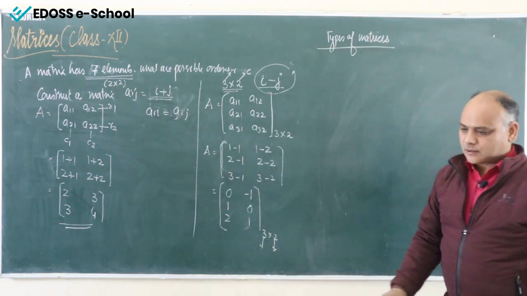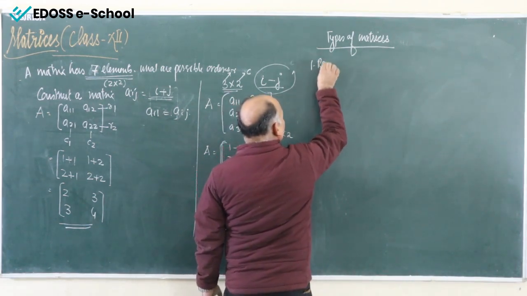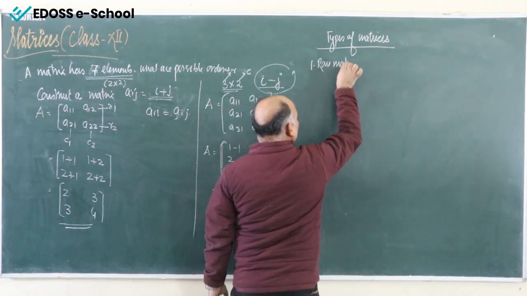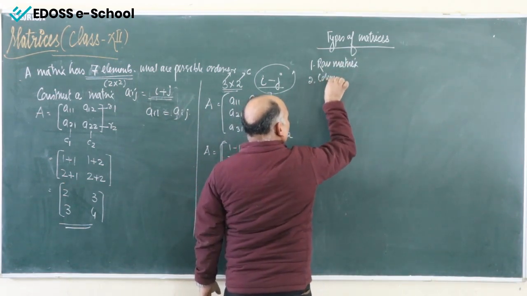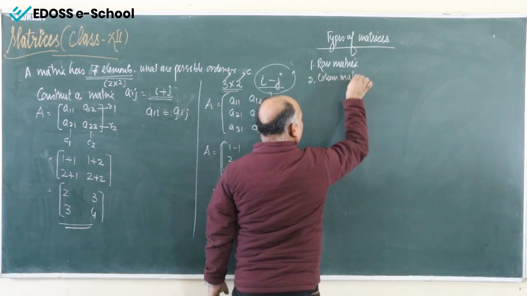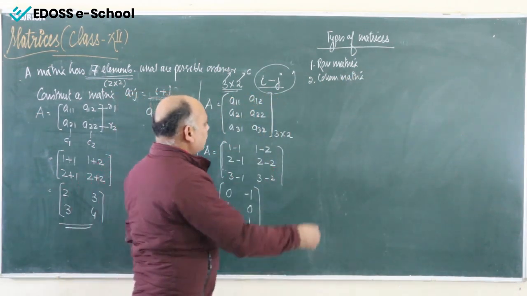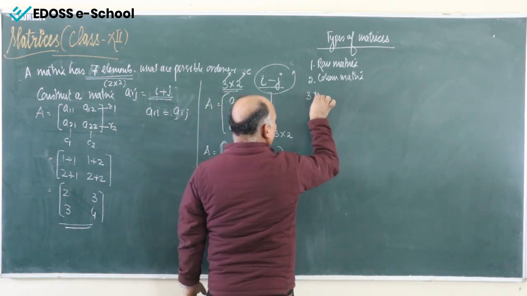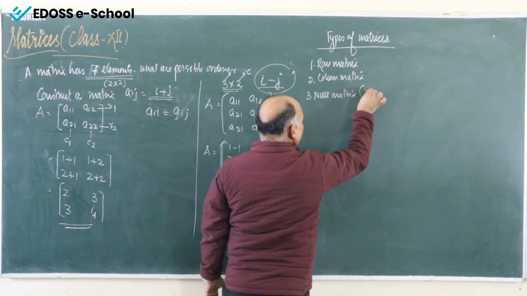Types of matrices. In this case, we will define first the row matrix, second the column matrix. Third, I will tell you about the null matrix or zero matrix.